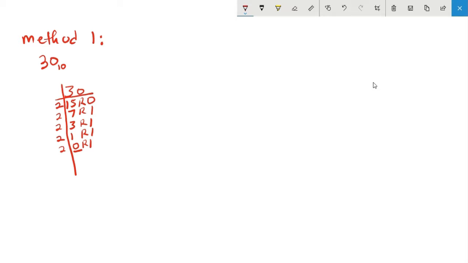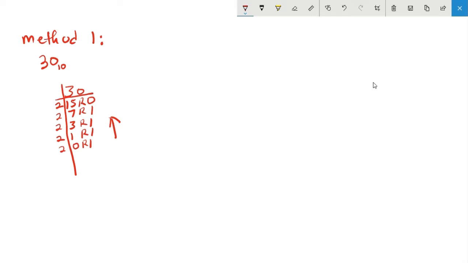Now the last step is for us to state our answer. Students often make the mistake of writing the answer coming down, but that is incorrect. You're supposed to state the answer going up.